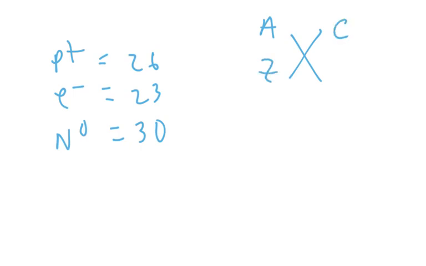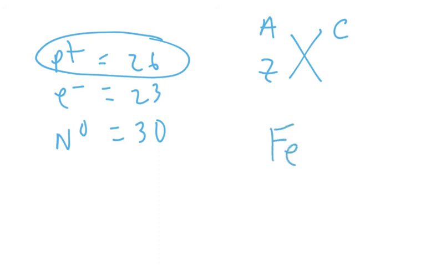So, first thing I would do, go to the periodic table to see who has an atomic number of 26, who has 26 protons, because the atomic number is the protons. And when you look in the periodic table, you will see that the element with the atomic number of 26 is iron, which is Fe. So that's our symbol.